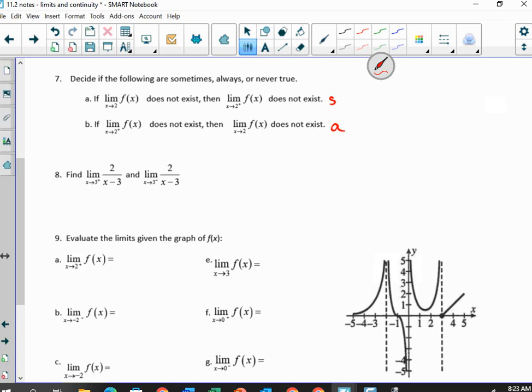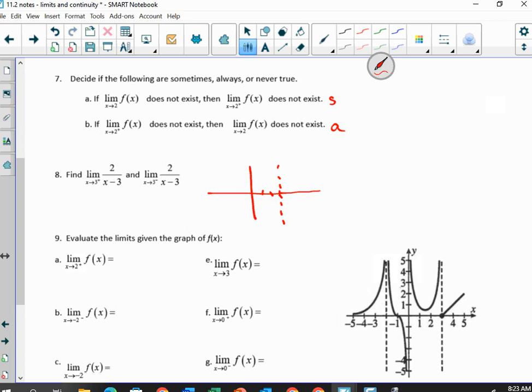Okay, number 8. The limit as x approaches 3 from the right, and the limit as x approaches 3 from the left. Do we all agree that there's an asymptote at 3? If we were to graph this, what is the graph actually doing? I'm not talking a perfect graph here.